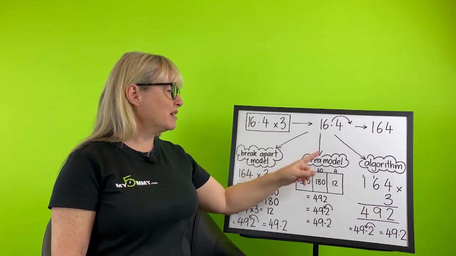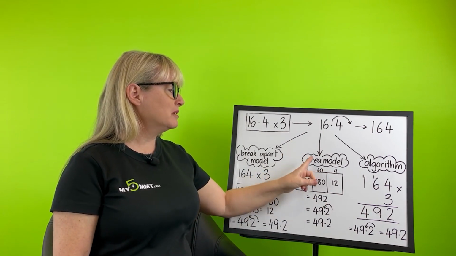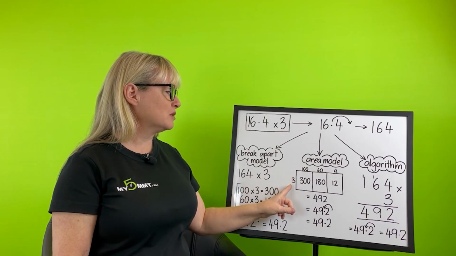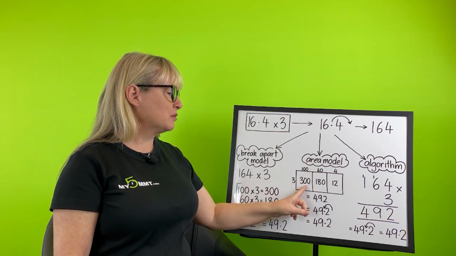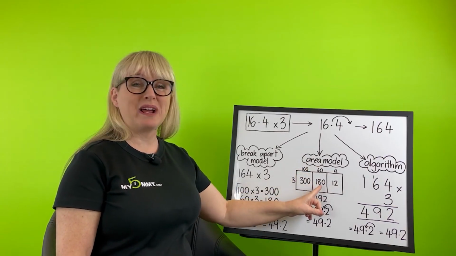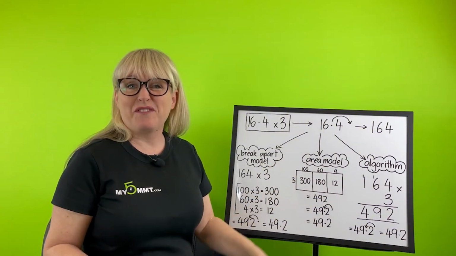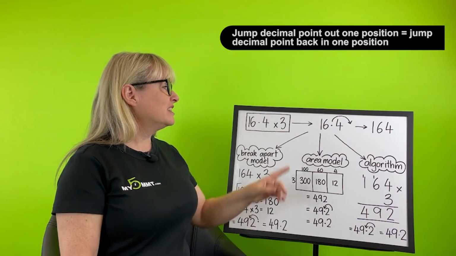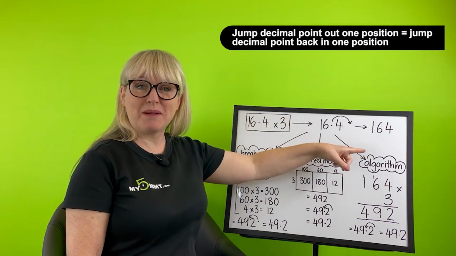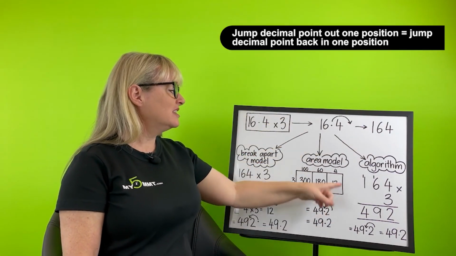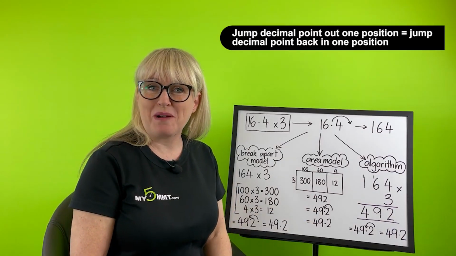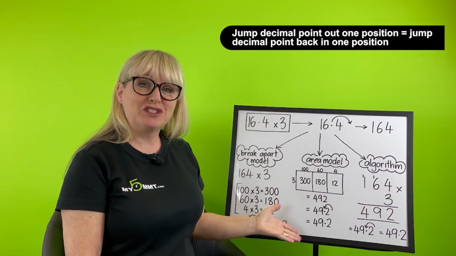I've used my area model to multiply my 100, my 60 and my 4 times 3. 3 times 100 is 300, 3 times 60 is 180, and 3 times 4 is 12. And when I add them together, I get 492. Well, I jumped it out one position, so I need to jump my decimal back in one position, and I get 49.2.